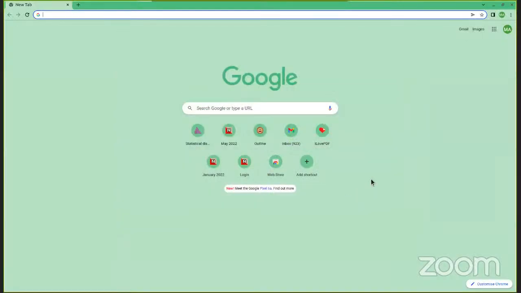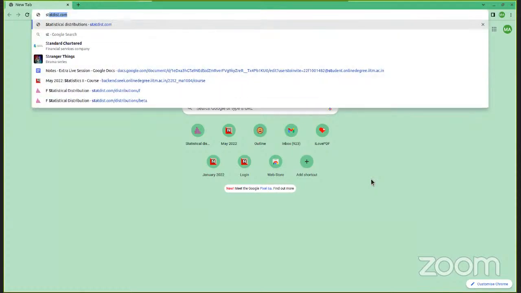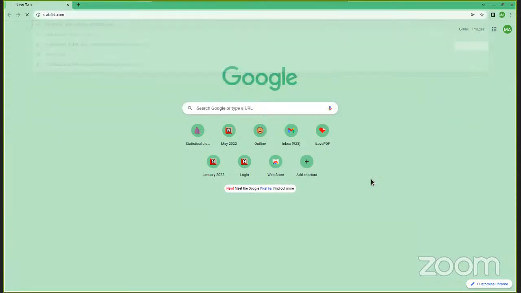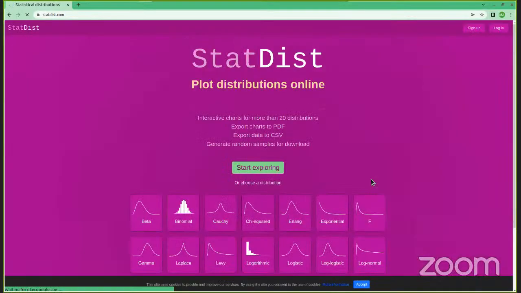Let me show you how it varies. Is my Google screen visible? If you want to play around with these distributions, there is statdist.com, just like Desmos for graphing.